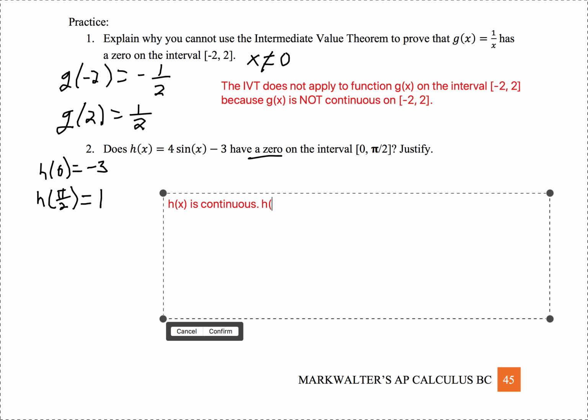I state my points then. H of 0 equals -3. And h of pi over 2 equals 1.